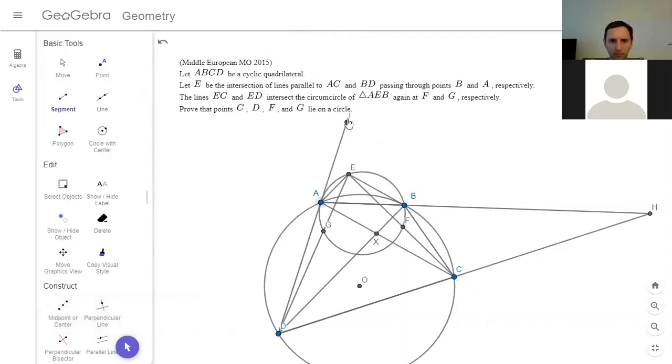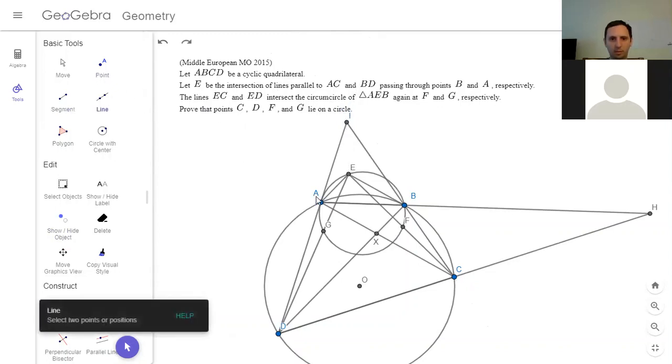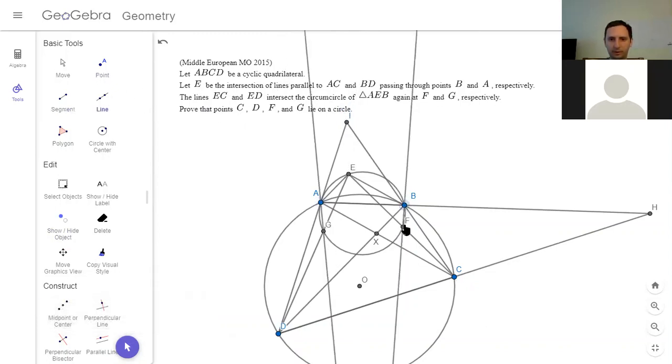Are IE and AG parallel? I don't think so, because then IG and IE and BF would have to be parallel. But maybe those three are collinear. From Desargues, they have to be collinear.